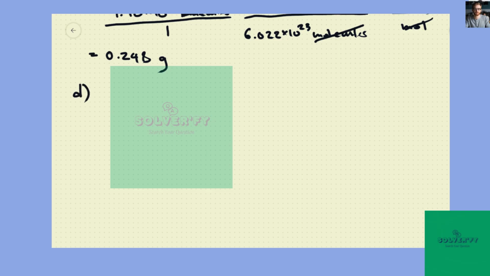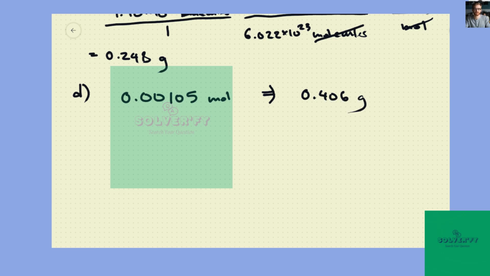Finally, let's look at part D. We're asking for the mass of cholesterol if 0.00105 moles has a mass of 0.406 grams.